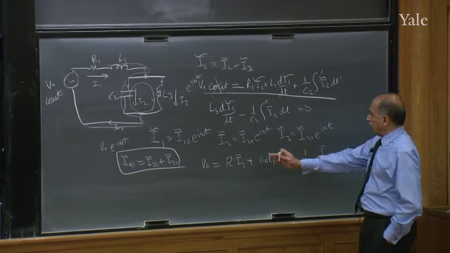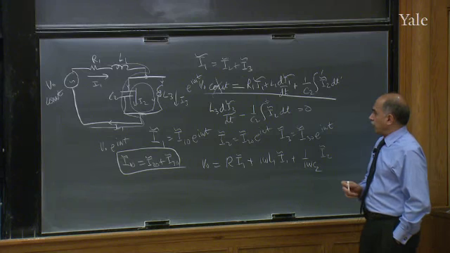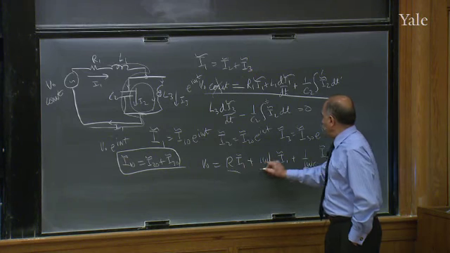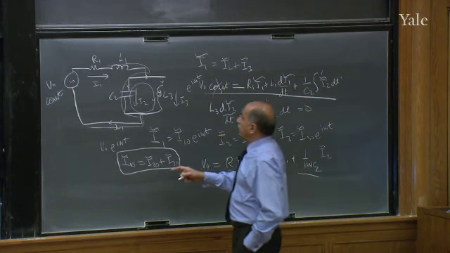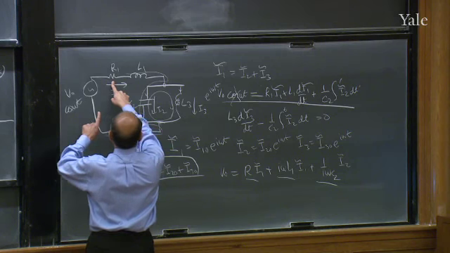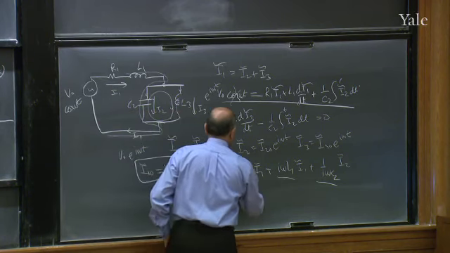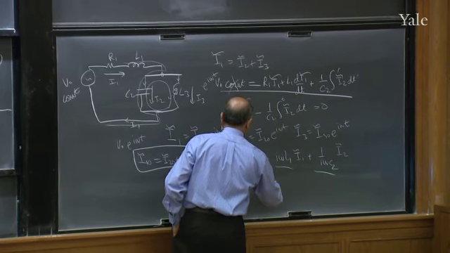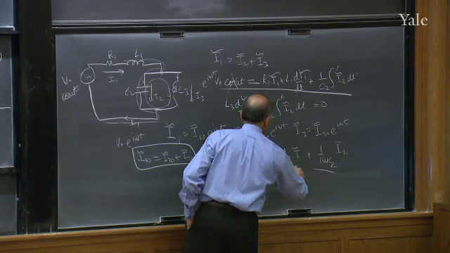The e to the i omega t's have been cancelled everywhere. So what do you find? This again looks like an Ohm's law problem where R1 is the impedance of this guy, i omega L1 is the impedance of that guy. So the whole thing looks like some Z1 times I1 twiddle plus Z2 times I2 twiddle.